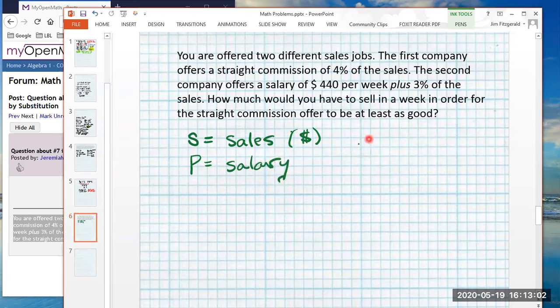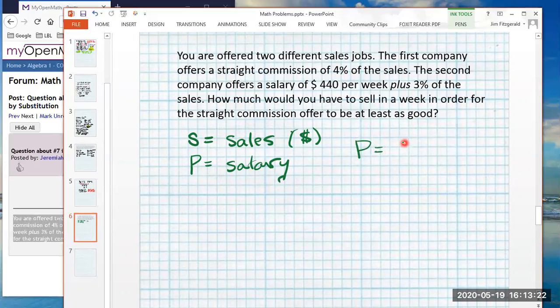Okay, and this first company offers a straight commission of 4% of the sales. So commission just means that your salary is just a percentage of the sales. So in this case, it's 4% of the sales. To write this equation out, I would say that my pay is 4%.